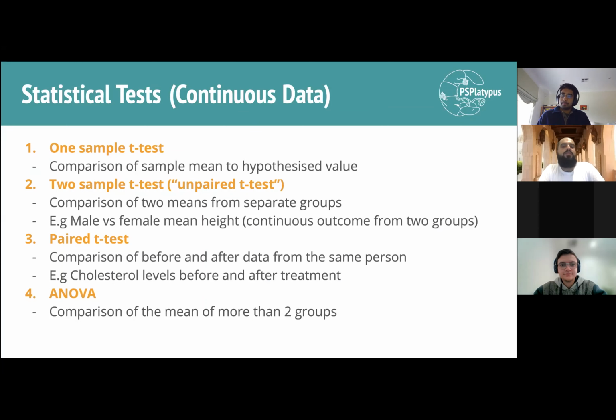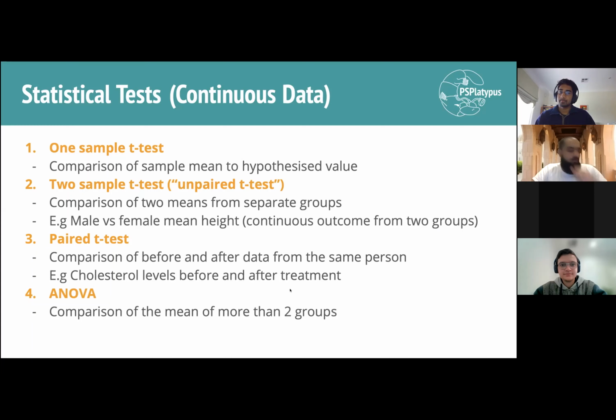So male versus females, and we compare their height. Then we have a paired t-test where we compare before and after. So the same variable, but before and after exposure, for example.